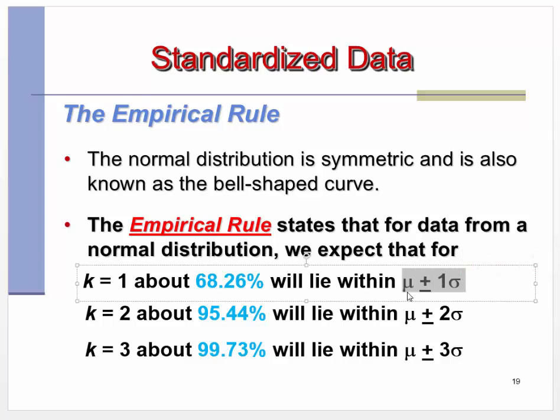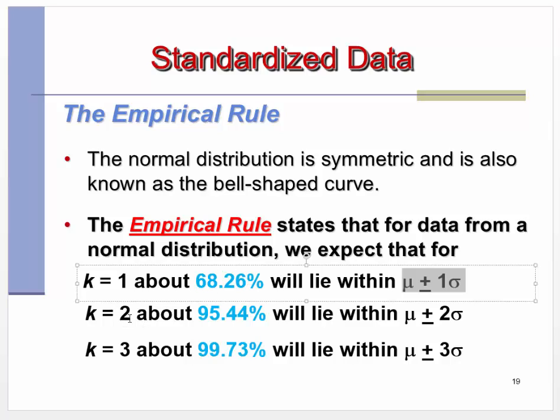That means between mu minus 1 sigma and mu plus 1 sigma, you will find 68.26% of the data.